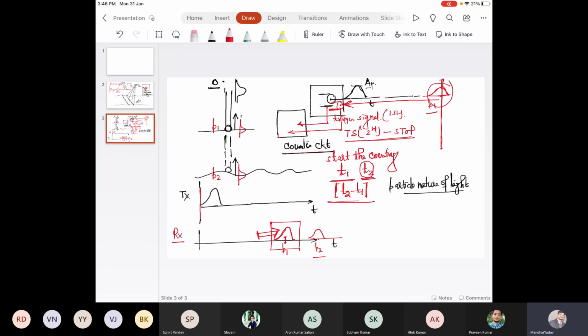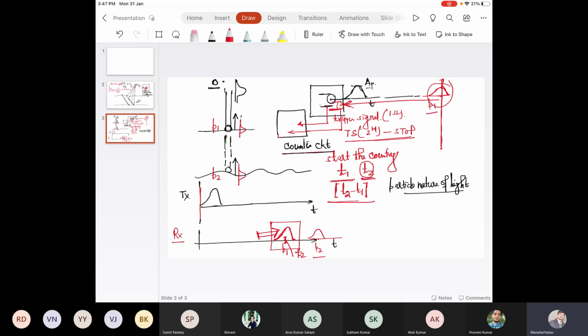If it is very weak and less than the sensitivity of the receiver, then the trigger signal will not be generated. Fine. So just see this plot over here is giving time T2.